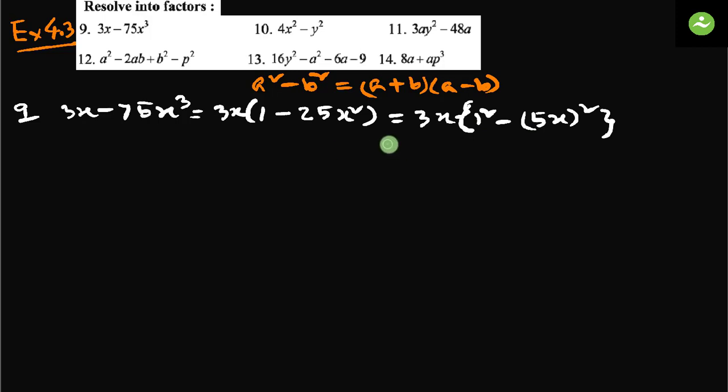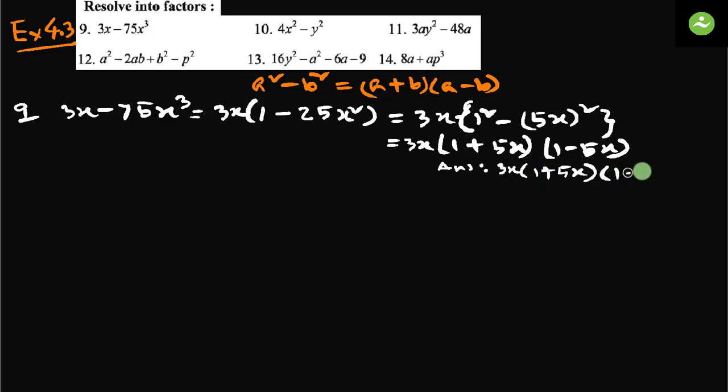So it equals 3x into 1 plus 5x into 1 minus 5x, because it is a plus b into a minus b. Here a was 1 and b was 5x. So the answer is 3x into 1 plus 5x into 1 minus 5x.